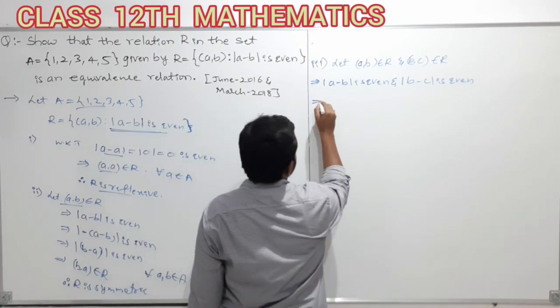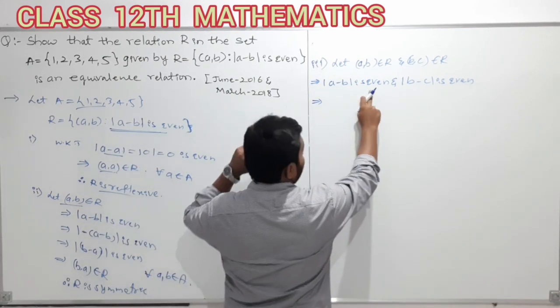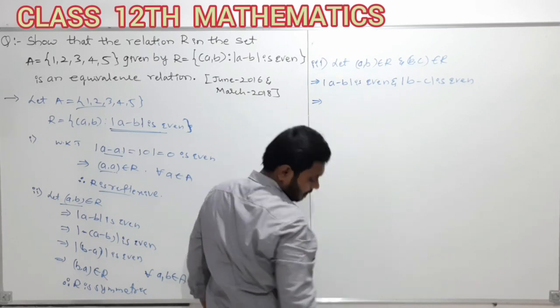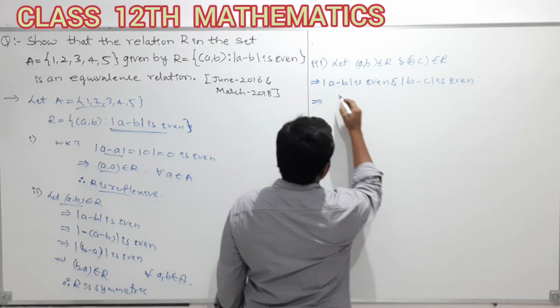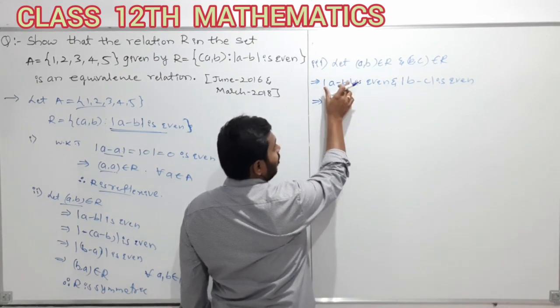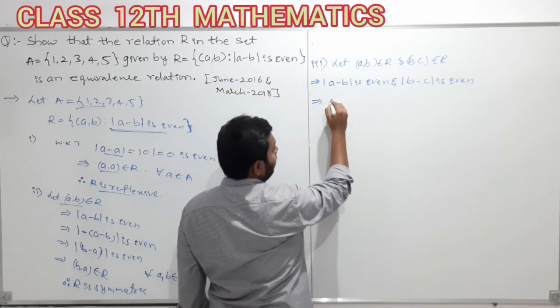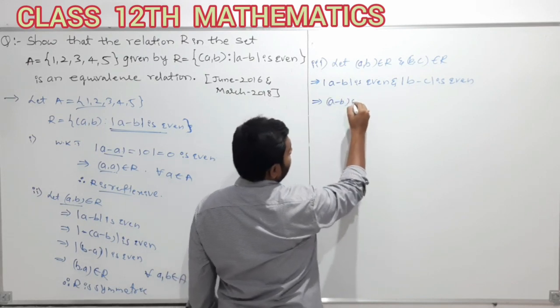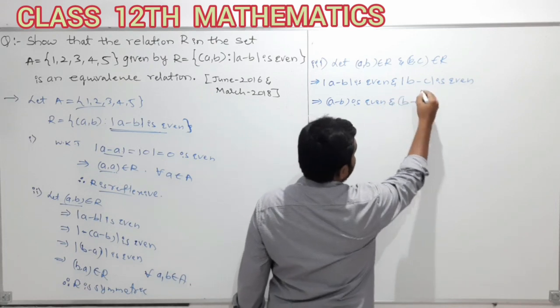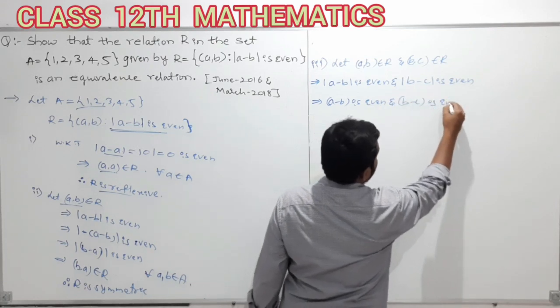Now here modulus of a minus b is even and modulus of b minus c is even. Modulus of a minus b, whether a minus b is negative or positive, since it is a modulus, if we remove the modulus only a minus b remains. So a minus b is even and b minus c is even.